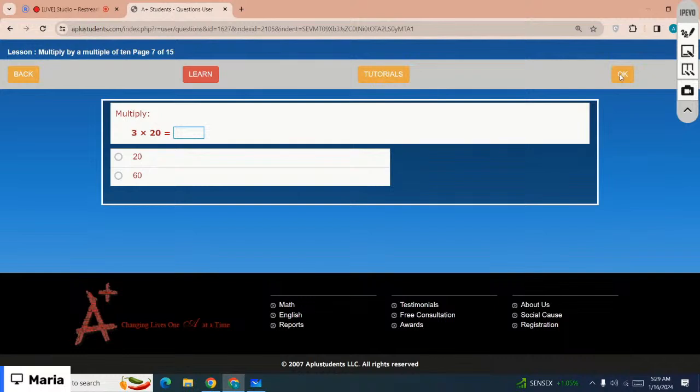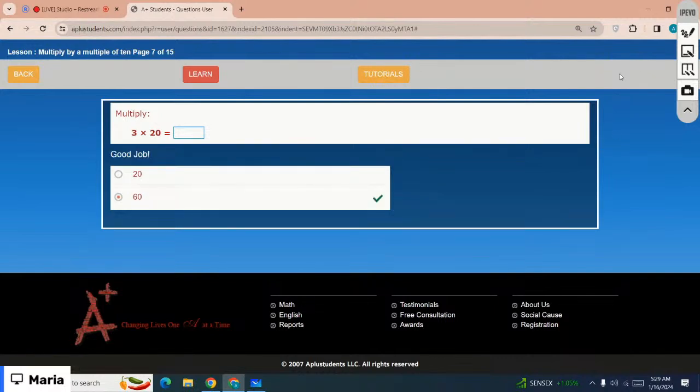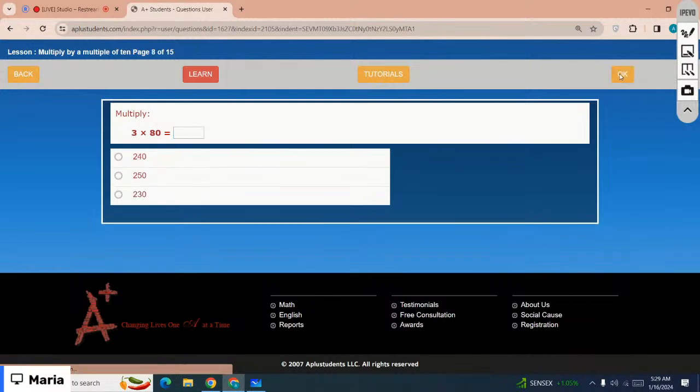That is 60. The correct option is 60. You can complete the lesson by yourself later today. Let me move on to the next lesson.